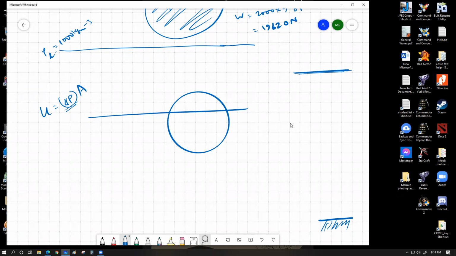Water is almost incompressible. But still, if we do consider water somewhat compressible, which means that the deeper we go, we might consider that the density of water might increase.